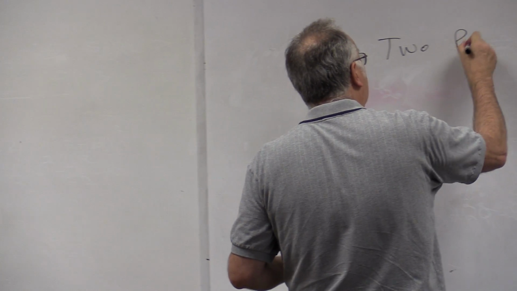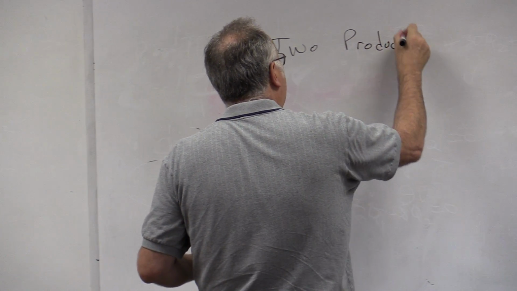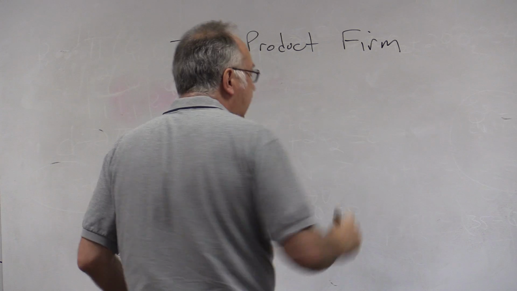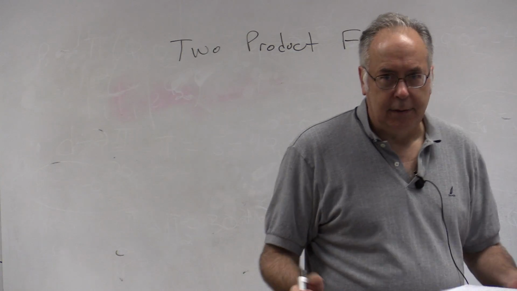All right, here, I have another problem for you to do. This will be an easy one. Try this problem right here. Suppose you have a two-product firm, but both products are sold in competitive markets.